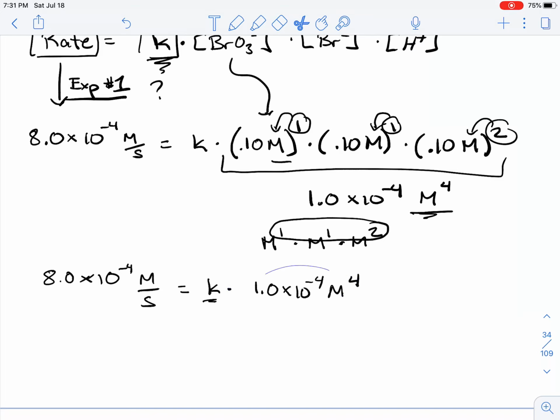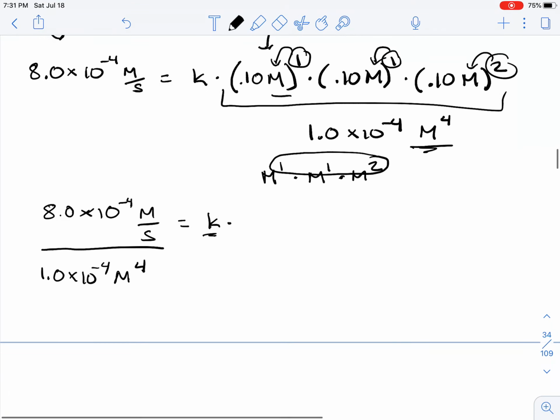So the value for the rate constant K is going to be 8.0 times 10 to the negative 4 divided by the answer. And that's going to be 8.0.